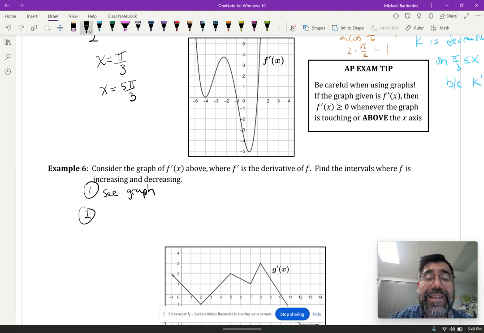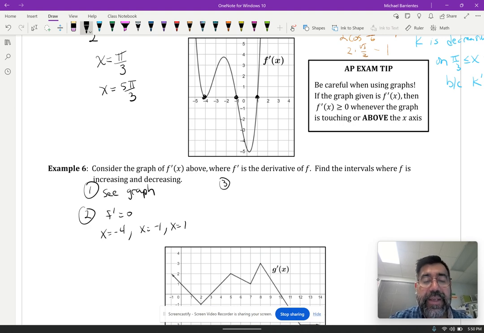So when is this graph, which is the graph of the derivative, equal to 0? Well, it's equal to 0 here, here, and here. So this graph is equal to 0 at those 3 points. That means f prime is equal to 0 at x equals negative 4, x equals negative 1, x equals positive 1. I'm doing this just to kind of practice the process.